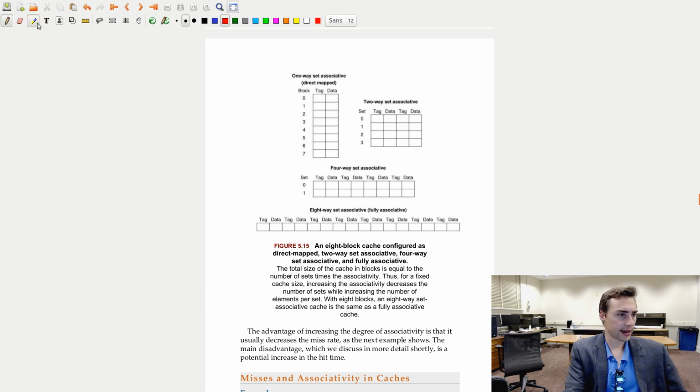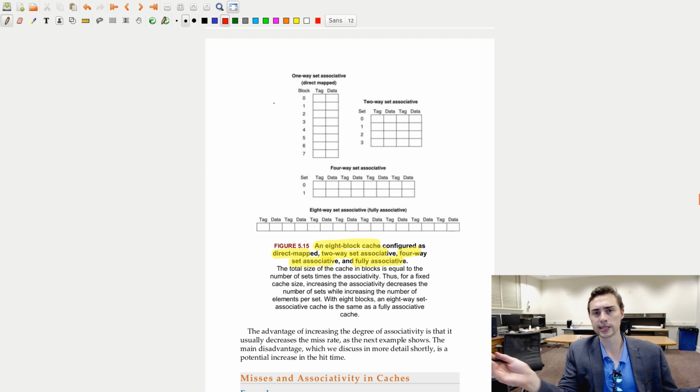Here we have an 8-block cache configured as a direct map, 2-way set associative, 4-way set associative, and fully associative. In the direct map, we know exactly where it's going to be because there's a direct mapping.